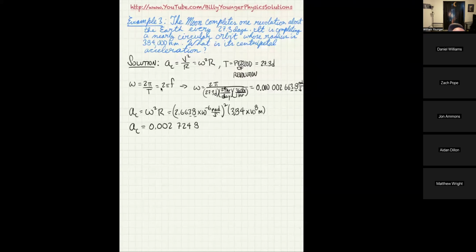We really only have rights to 3 sig figs, so technically only the 272 are correct, and this comes out in meters per second every second.